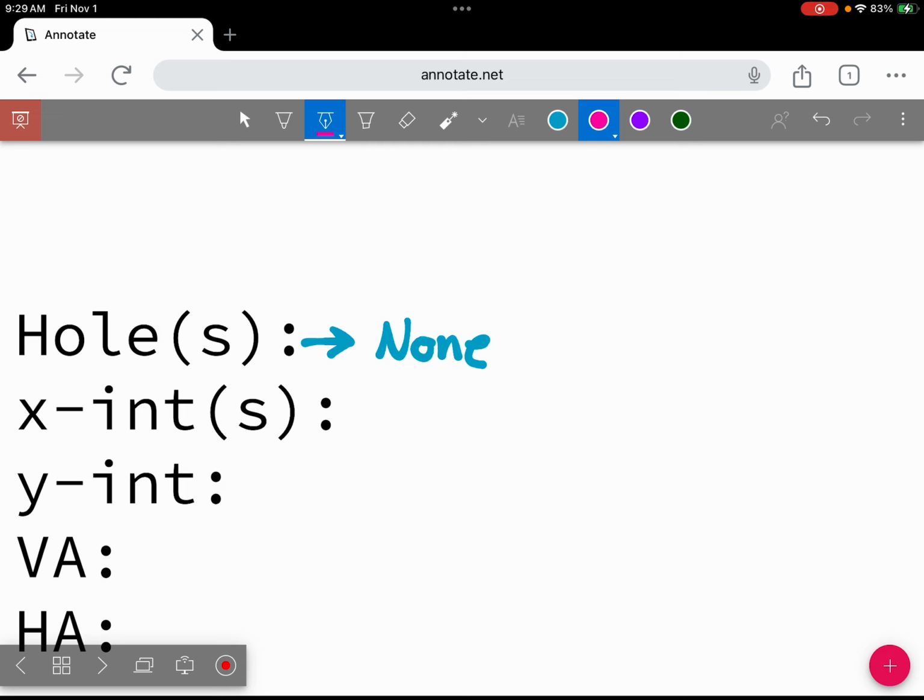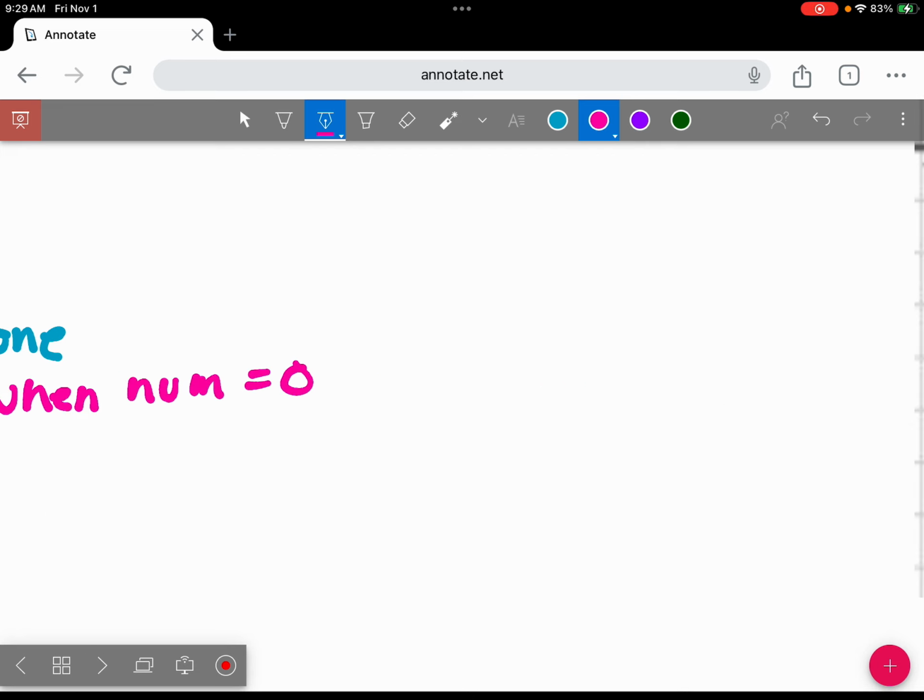Our x-intercepts, how do we find the x-intercept? Yeah. It's when y is 0. What that really is, it's our solutions to the numerator. It's when the numerator equals 0. So when minus x plus 6 equals 0.